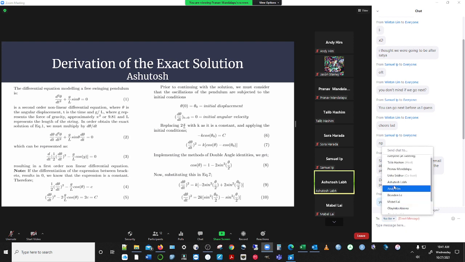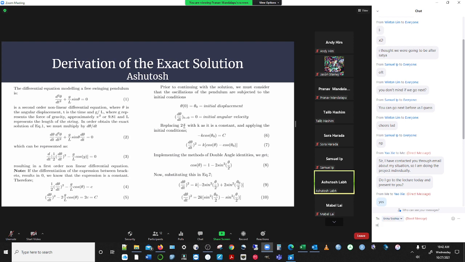Prior to continuing with the solution, we must consider that the oscillations of the pendulum are subject to initial conditions. When time is equal to 0, theta is theta subscript 0, which is our initial displacement. Also, d theta over dt when time is equal to 0 is equal to 0.